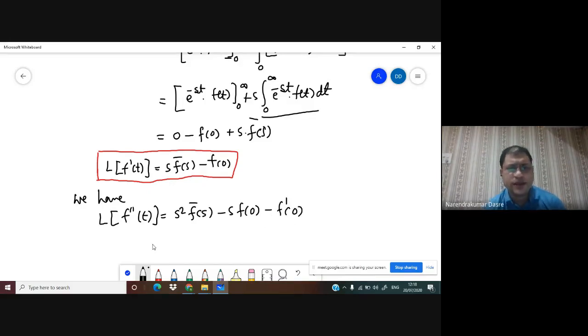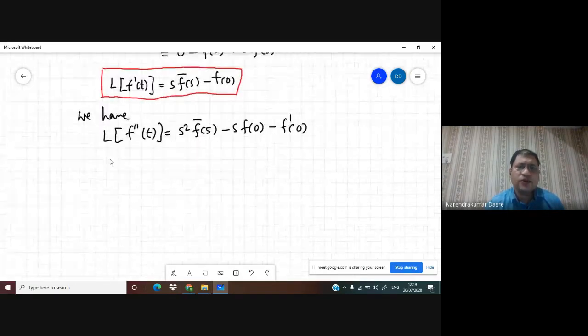Actually, this property is very useful in solving differential equations. You have solved ordinary differential equations in semester two. These differential equations can also be solved using the Laplace transform.